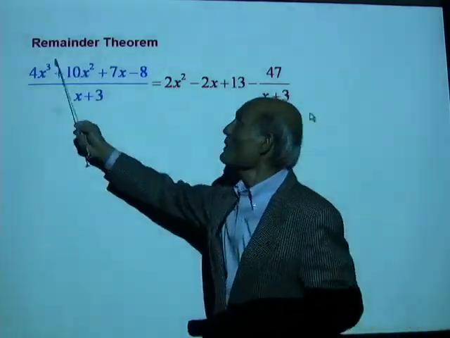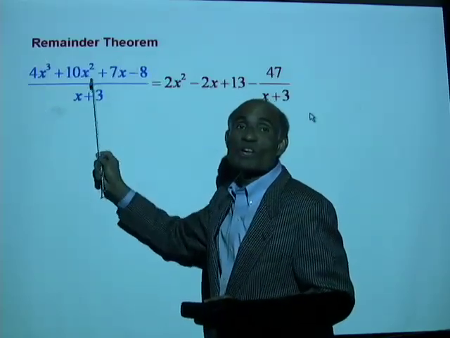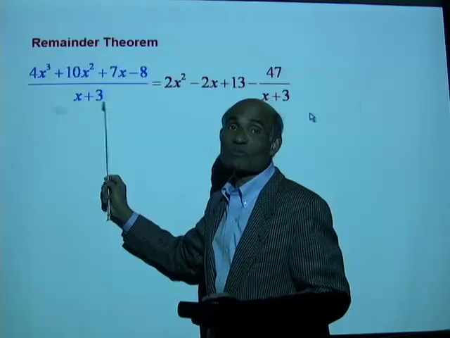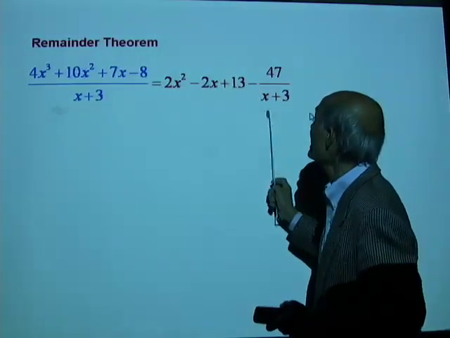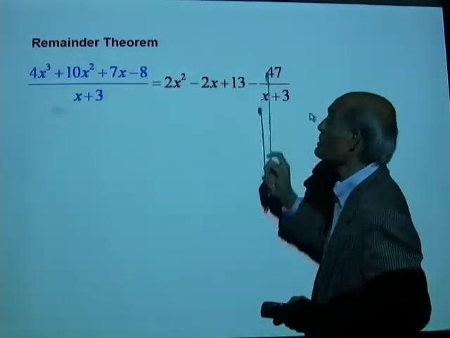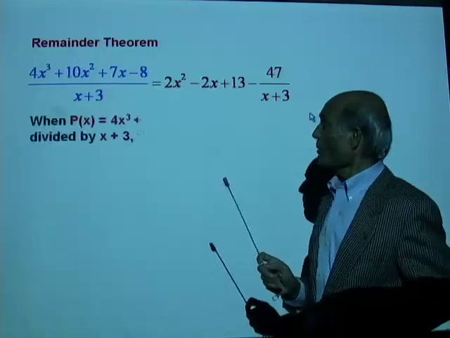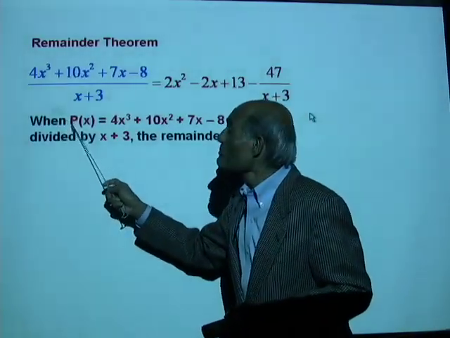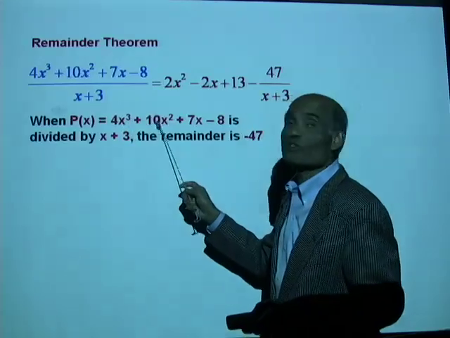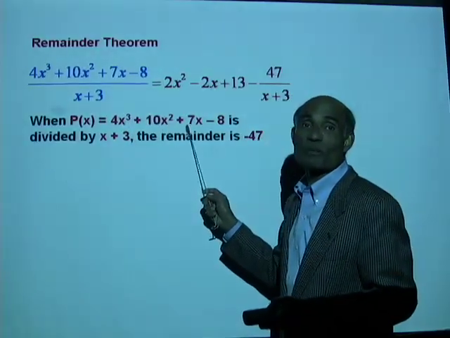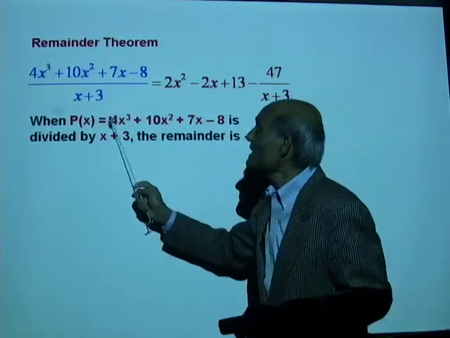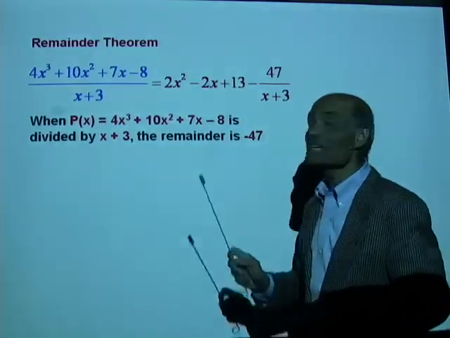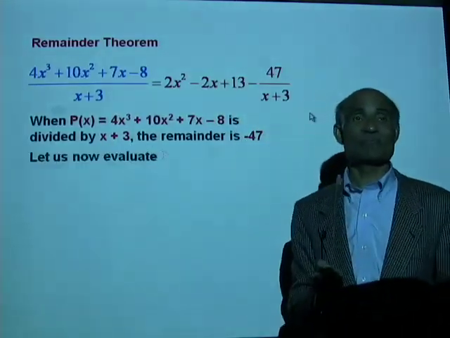In other words, when this polynomial is divided by the binomial x plus 3, the remainder is negative 47. Alright, so when p of x equal to 4x cubed plus 10x squared plus 7x minus 8 is divided by x plus 3, the remainder is negative 47.